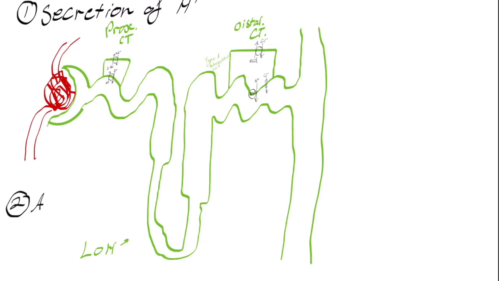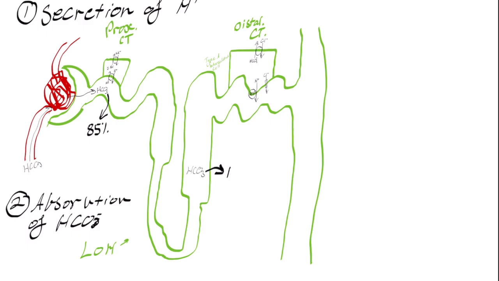So bicarb is filtered out through the glomerulus into the filtrate. About 85% of it is absorbed in the proximal convoluted tubule, 10% in the ascending loop of Henle, and the rest, around 4.9% to 5%, is absorbed in the collecting ducts. You have a little bit of loss that happens, about 0.1% each day.